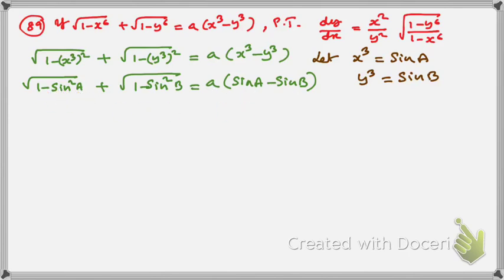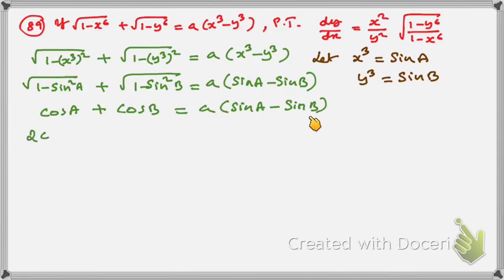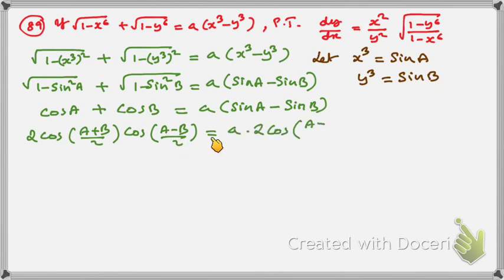Now 1 minus sine square a is cos square a, whose root becomes cos a. 1 minus sine square b is cos square b, and its root is cos b, equal to a into (sine a minus sine b). Now cos a plus cos b is 2 cos((a+b)/2) into cos((a-b)/2), equal to a into (sine a minus sine b), which is 2 cos((a+b)/2) into sine((a-b)/2). That's a formula which we already discussed.